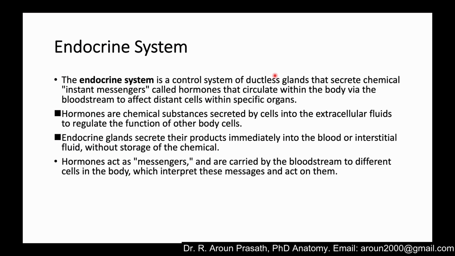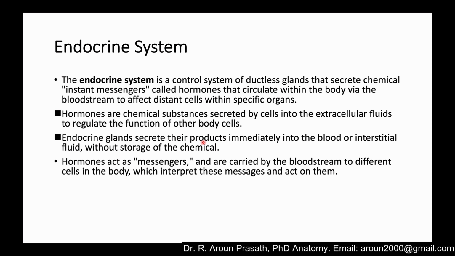The secretions of the endocrine system are chemicals called hormones, which circulate within the body through the bloodstream and go and act on respective cells. They are nothing but chemical substances secreted by cells into the extracellular fluid to regulate the functions of other body cells.